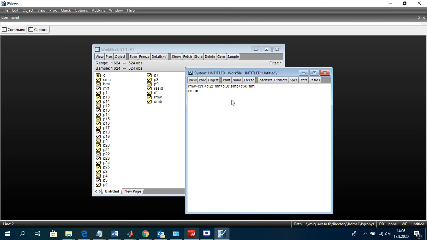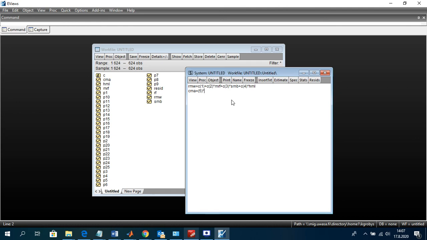So we regress CMA again on a constant. Now we need to continue with C5 because we have already used C4 as the corresponding parameter for the value factor in the equation for the profitability factor RMW.